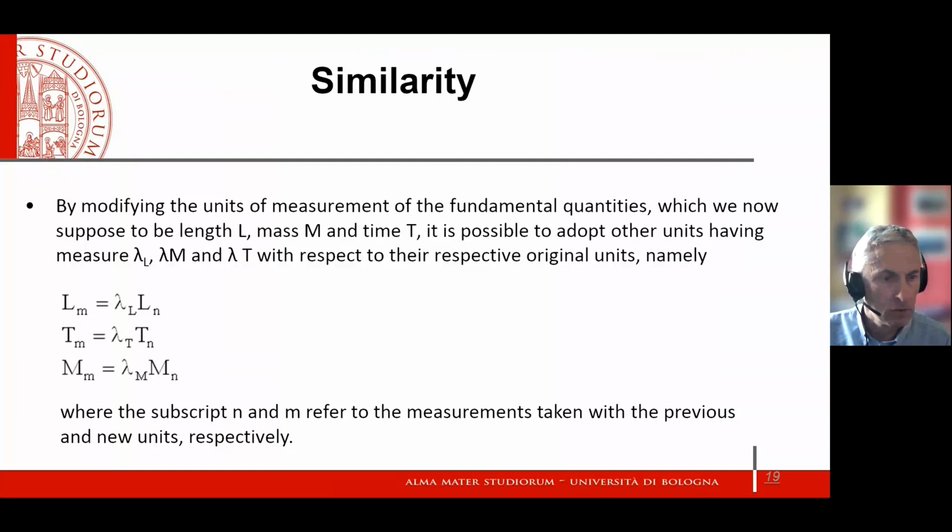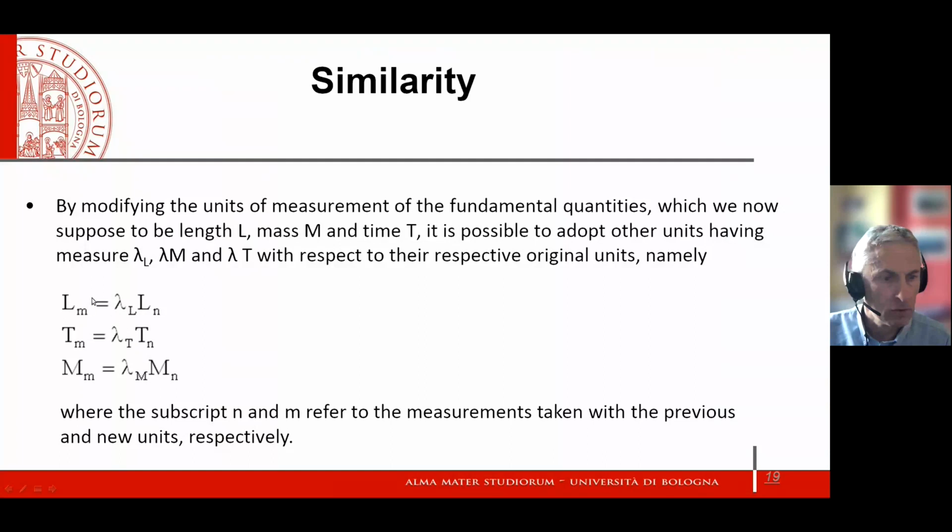So M is for the new and N is for the previous. Okay, so to get the new unit for length, first equation, I need to multiply the old unit by lambda L. And the same for the new unit for time and the new unit for mass. I have 3 multipliers, lambda L, lambda T, lambda M.